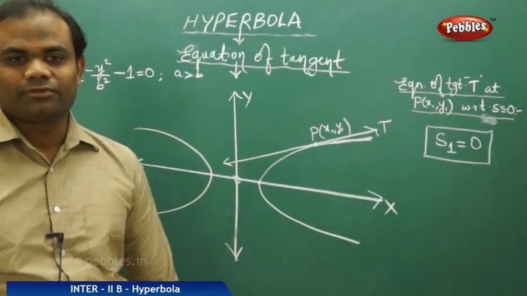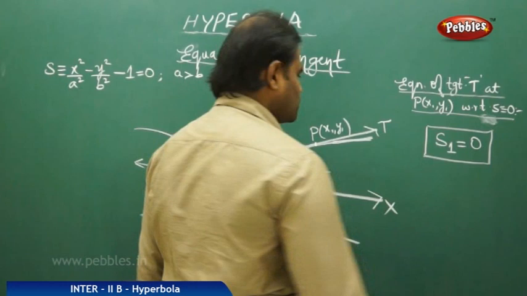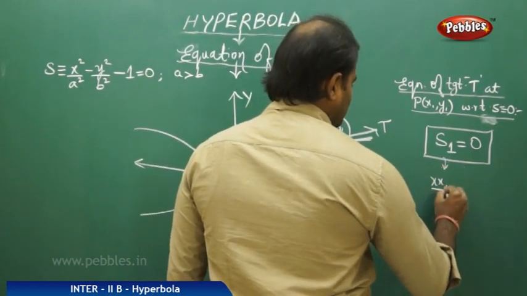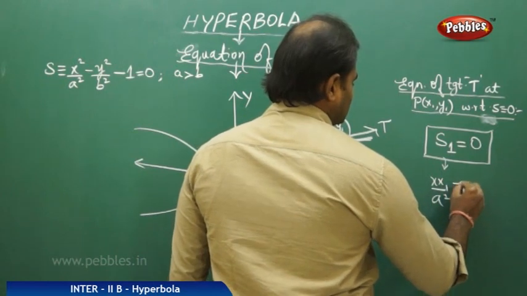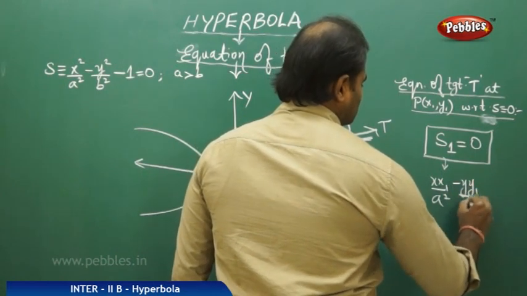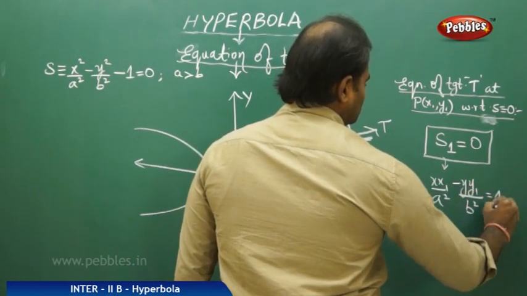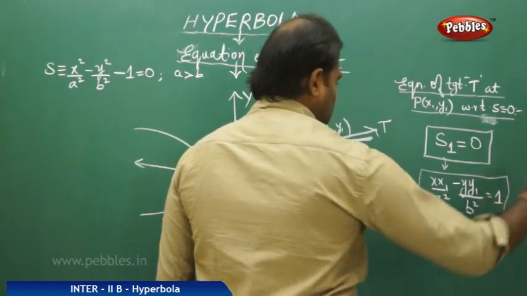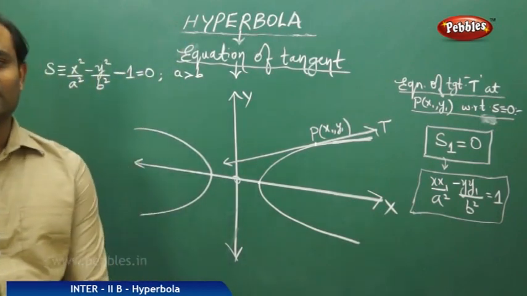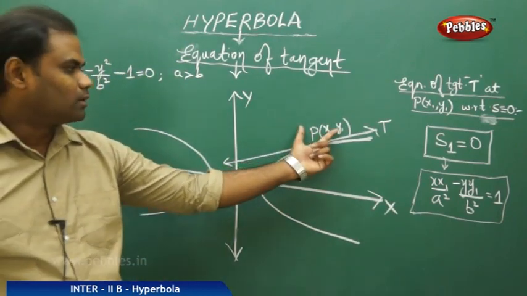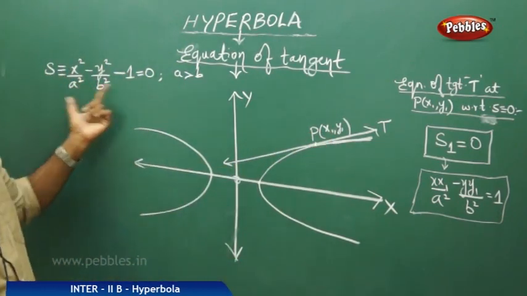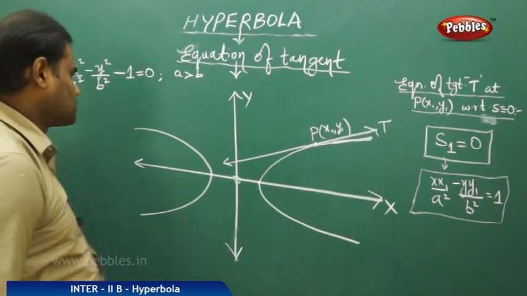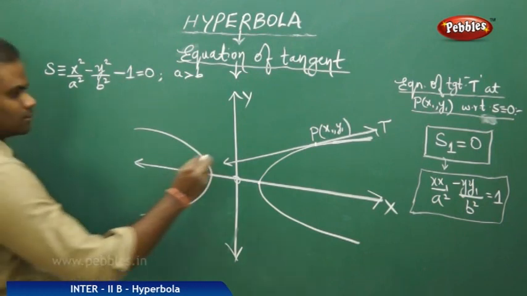So the equation of tangent is given by S1 equal to 0, which when simplified gives x x1 by a squared minus y y1 by b squared equals 1, is the equation of tangent at P(x1, y1) with respect to the standard hyperbola S equal to 0, and P is called the point of contact.